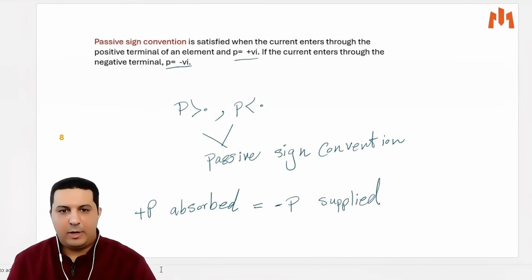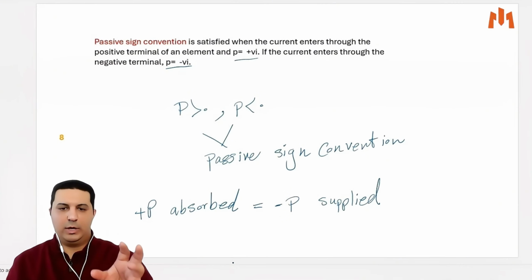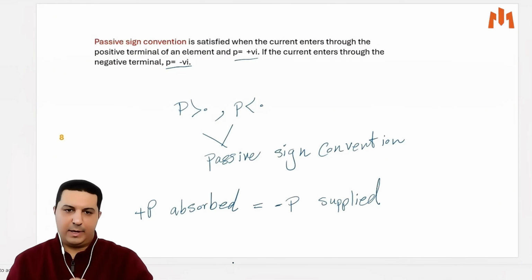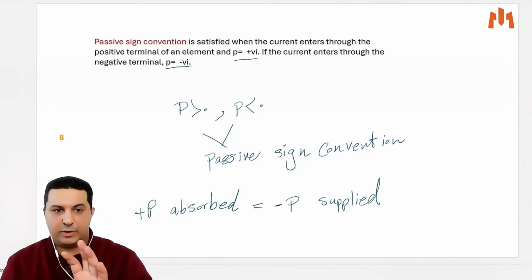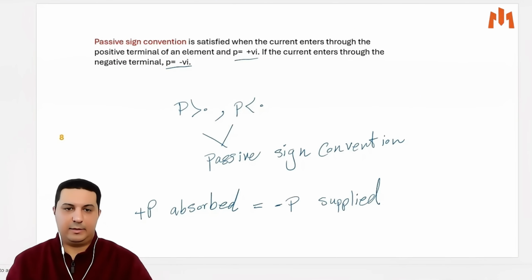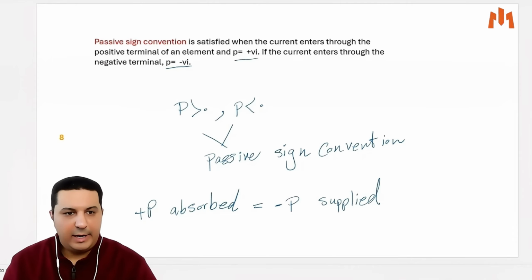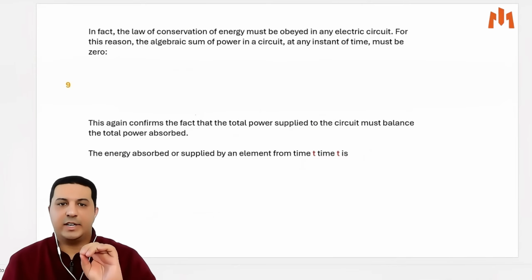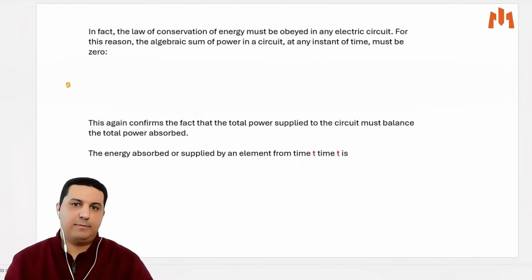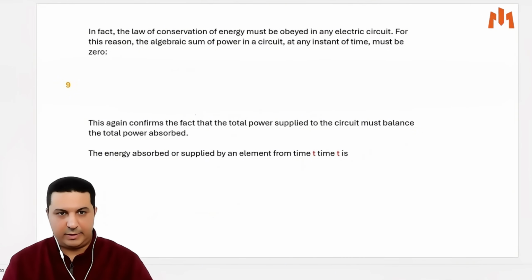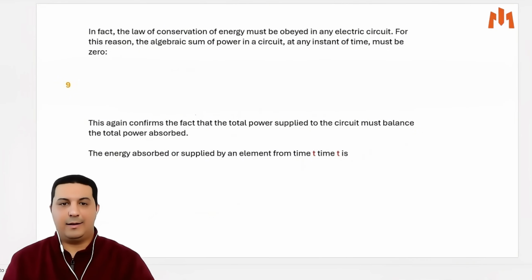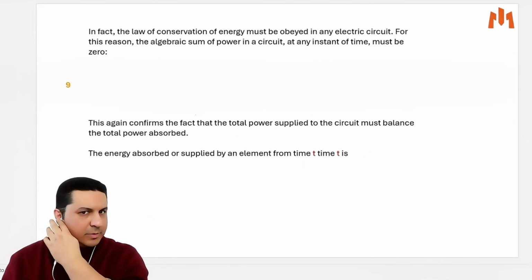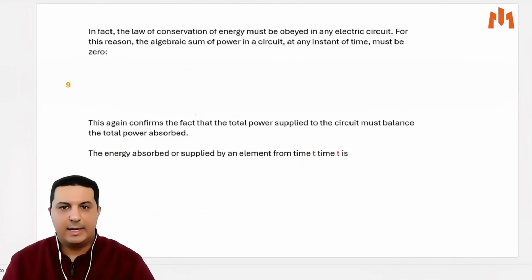So be careful about these structures or formulas that we are going to use, for example, for solving the problems and the equations. And finally, in fact, the law of conservation of energy must be obeyed in an electric circuit. For this reason, the algebraic sum of power in a circuit at any instant of time must be zero.